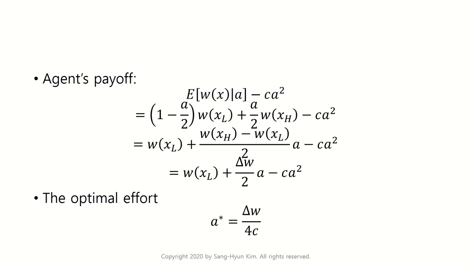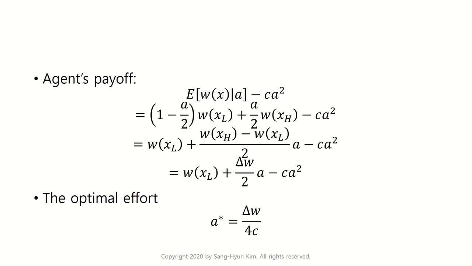In that case, the wage will be W of XL. And similarly, with probability A over 2, the revenue is realized as XH, and in that case, the wage is W of XH.